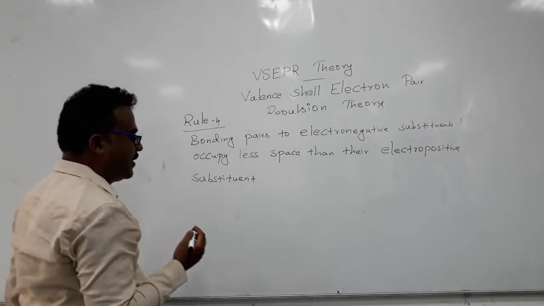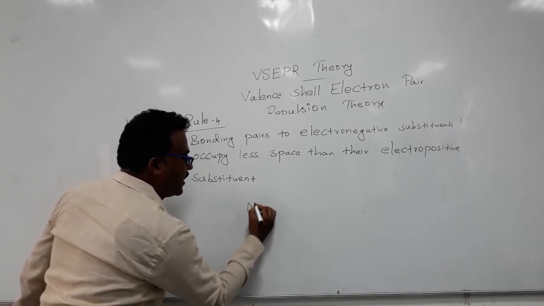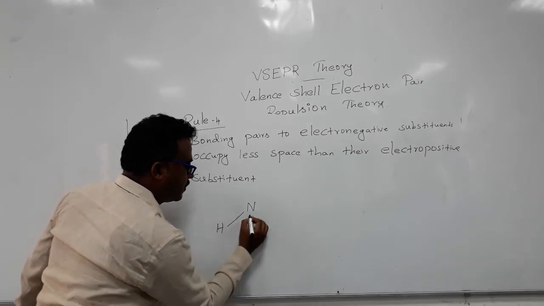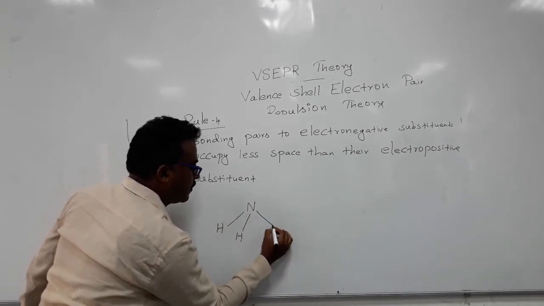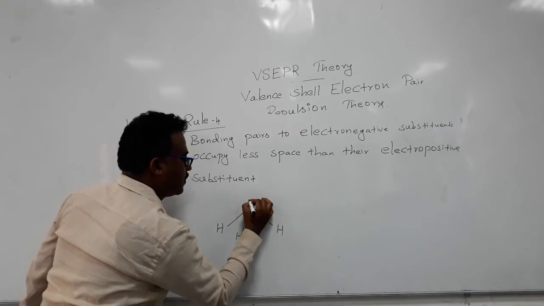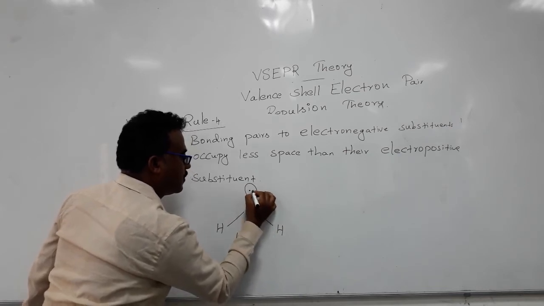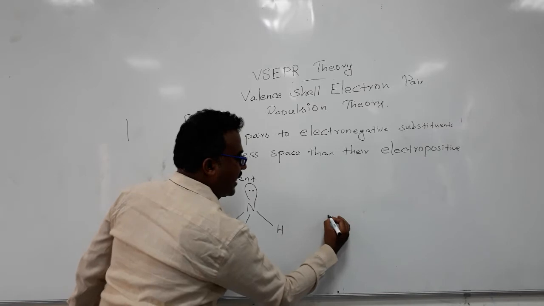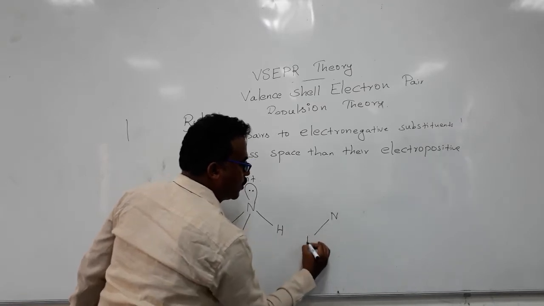So, for example, you can take a molecule of ammonia. We can compare it with the electronegative substituent molecule such as NF3.